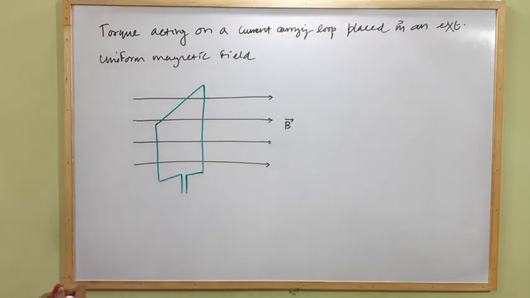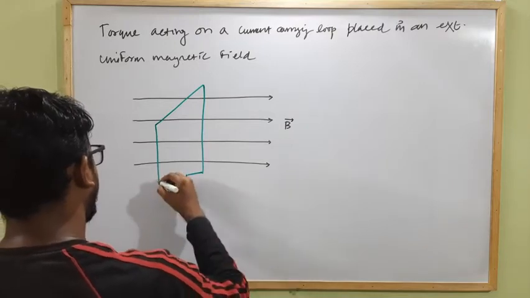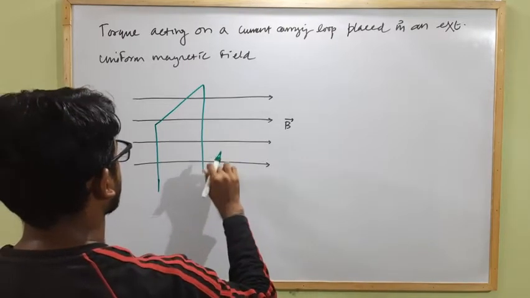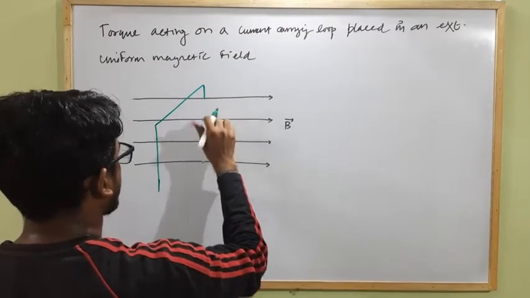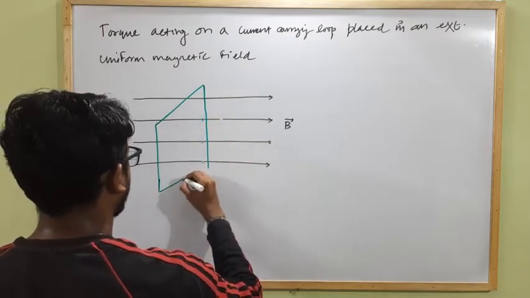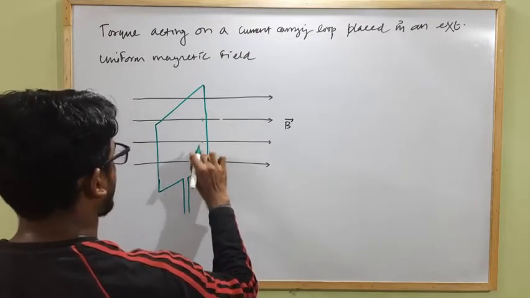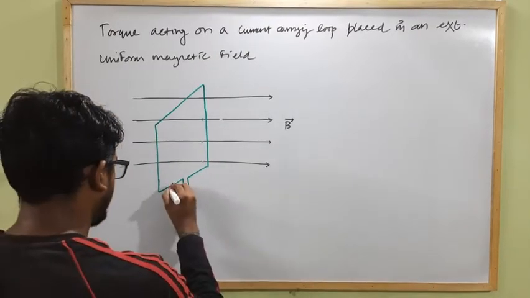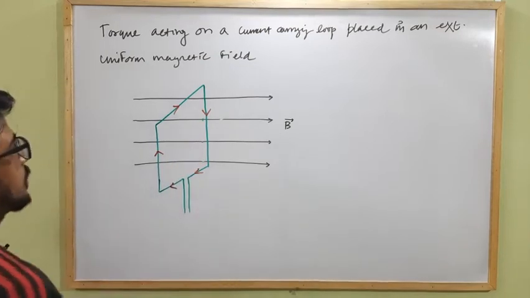This is a current carrying loop, and it carries current along this direction. Clear?